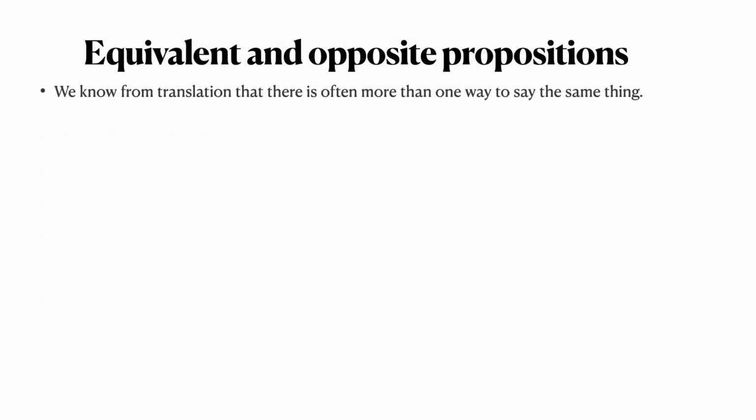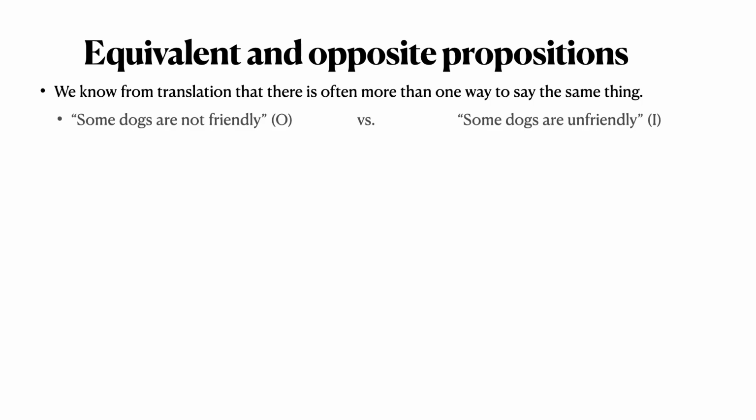All right, so equivalent and opposite propositions. We know from what we've done in translation that there is often more than one way to say the same thing, even when we're using standard logical form. For example, does it really matter whether we say some dogs are not friendly, which is an O proposition, versus some dogs are unfriendly, which is an I proposition?